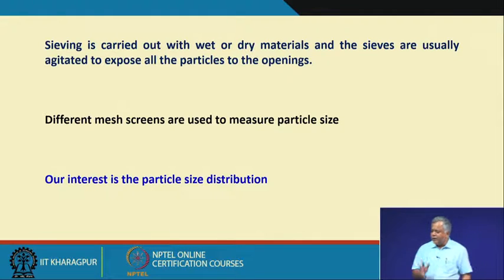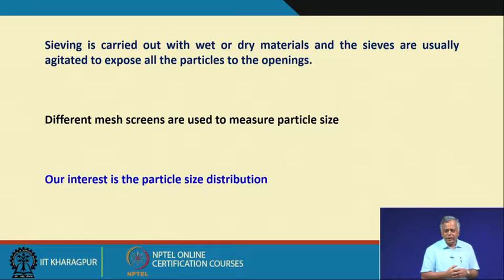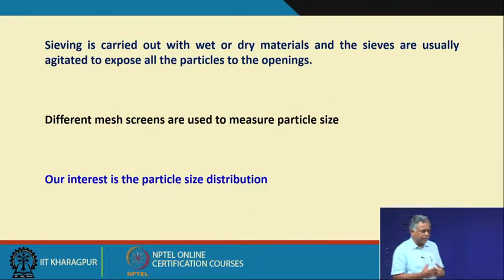So, the sieving may be carried out in wet condition or dry condition. Why wet condition? When the particle sizes become a little bit finer, there is a chance of agglomeration because of the cohesive forces.